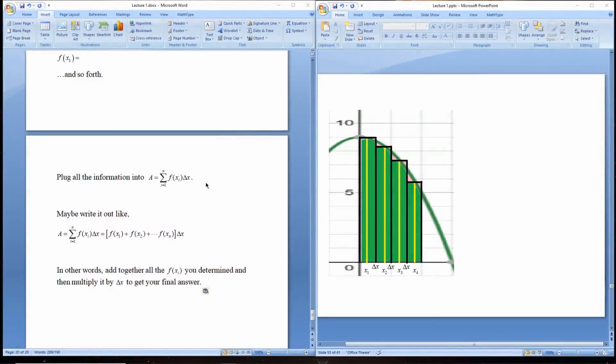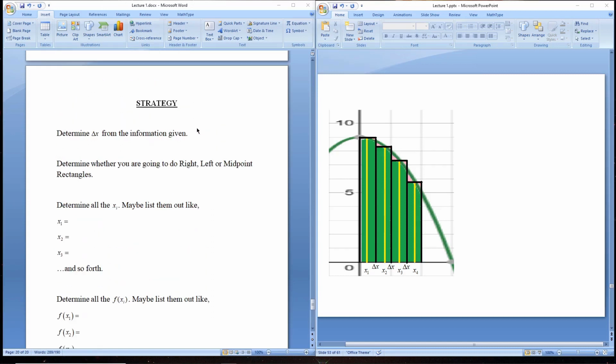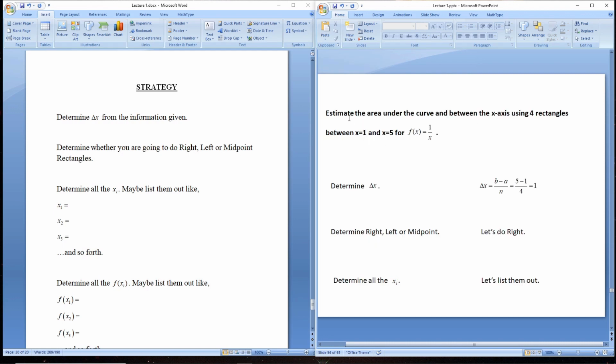So let's do the problem, and I want to follow this strategy so you can see what I mean by all this. So let's start with the problem. Now the problem in your homework is most likely not going to give you a graph like this with these rectangles colored in. What you're going to see with the homework is going to be something more like just a statement.